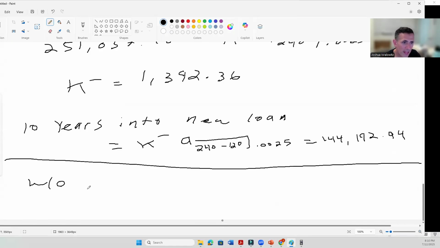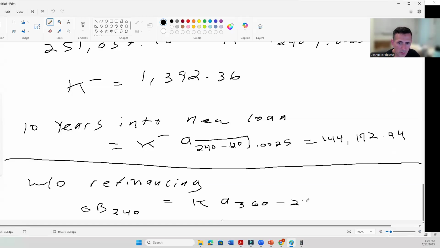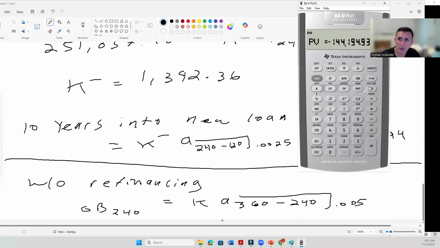Anyway, so without refinancing, I'll just write it like this. Unambiguously, OB 240 is K A, 360 minus 240, so 120, and the original loan interest rate is 0.5 interest.